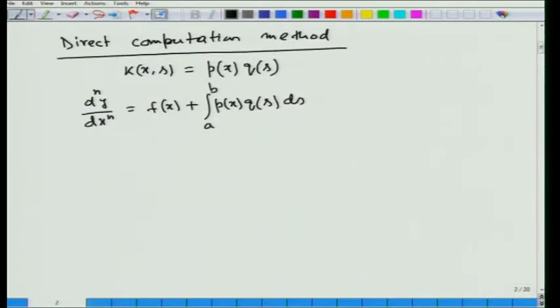As the range of integration is constant and p(x) and q(s) are in multiplicative format, you can write this as f(x) + p(x) times the integral a to b of q(s) y(s) ds.